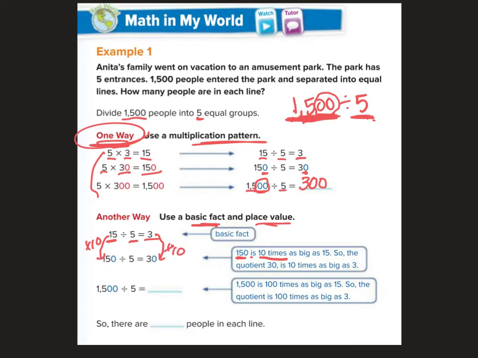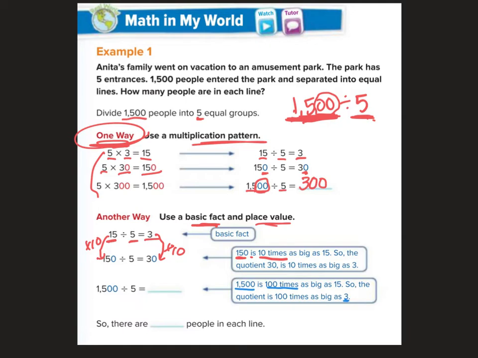So, therefore, 1,500 is 100 times as big, right? If I multiply anything by 100, like 3 times 100 is just 300, right? If I have 3 groups of 100, 300.